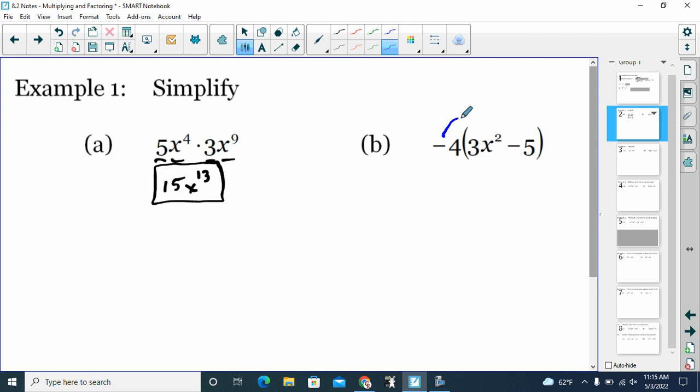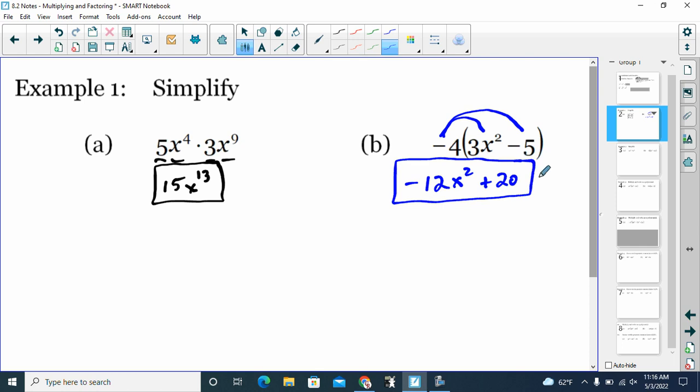We are going to take -4 and multiply it by 3x squared. -4 times 3 is -12x squared. I didn't have anything to multiply that x squared by. And then I'm doing -4 times -5. Negative times negative is positive. 4 times 5 is 20. -12x squared plus 20.